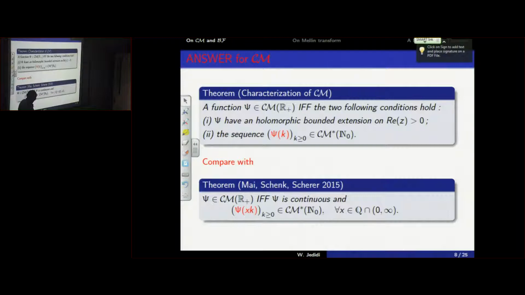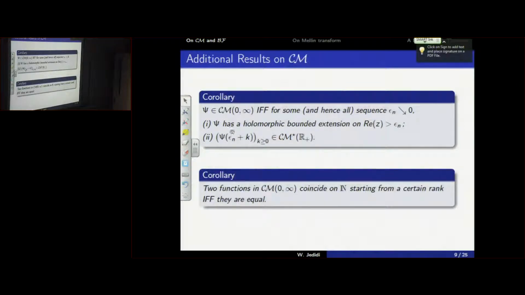And we can have troubles. The troubles are raised by considering this corollary. Just make a small delay with any sequence going to 0. Okay? And the characterization of completely monotone function goes through the sequences.